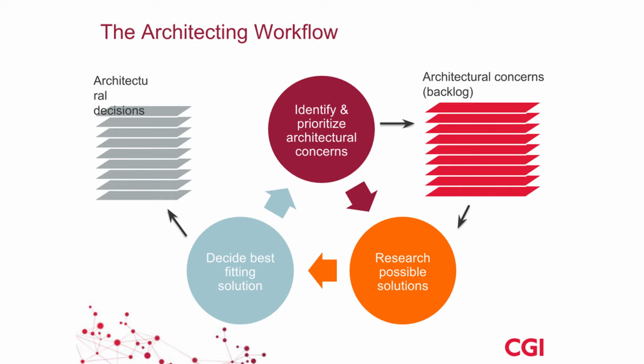Then that backlog of architectural concerns is input to the research possible solutions activity, where you just take the top 2 or 3 concerns and see how you can address them by making architectural decisions. You decide on the best fitting solution, and here is your primary deliverable, your stack of architectural decisions that comes out, and hopefully more or less as a continuous process.